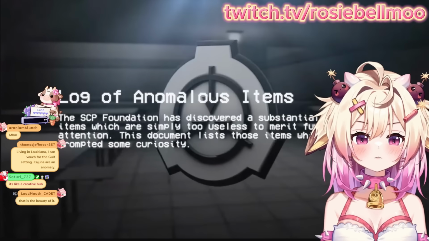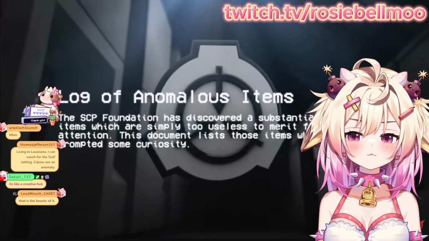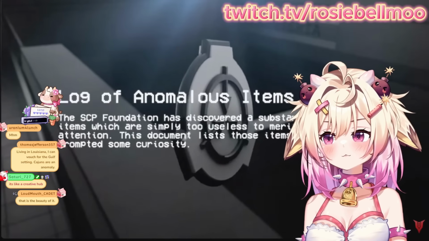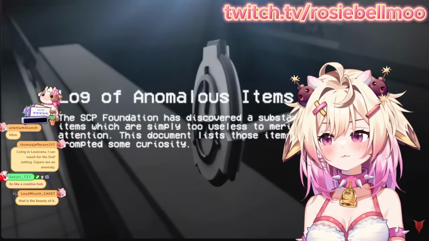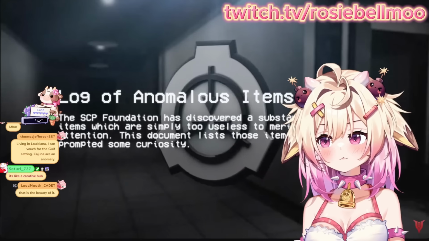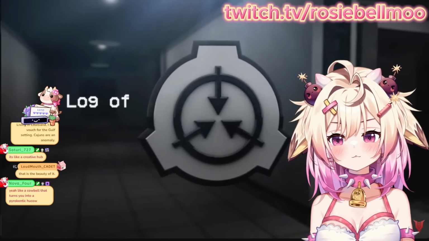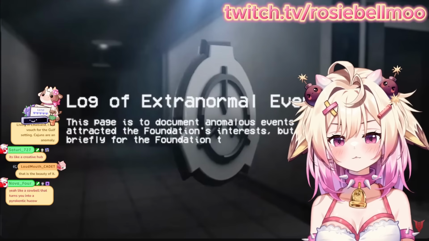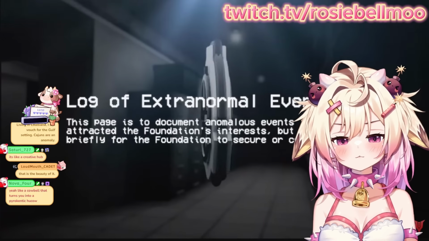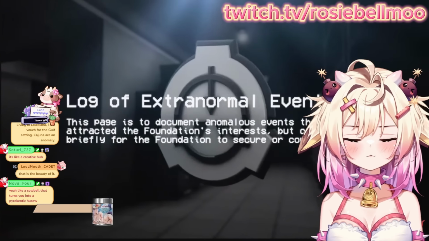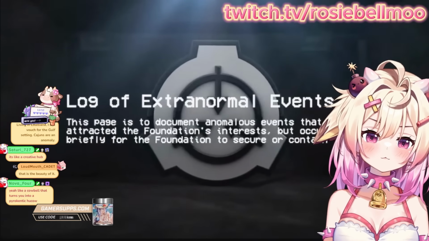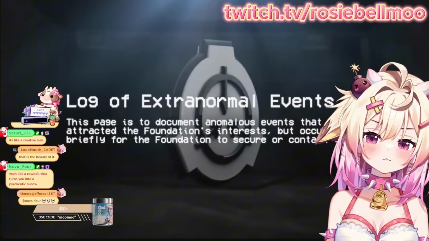The SCP Foundation has discovered a substantial number of items which are simply too useless to merit further attention. This document lists those items which have prompted some curiosity. Log of extranormal events. This page is to document anomalous events that have attracted the Foundation's interests, but occurred too briefly for the Foundation to secure or contain them.